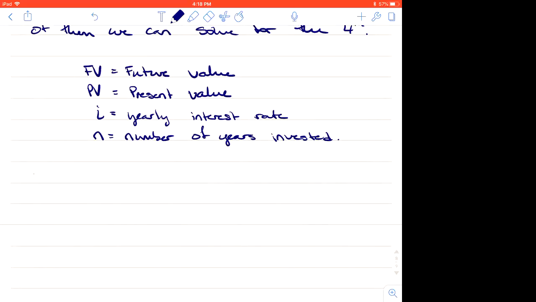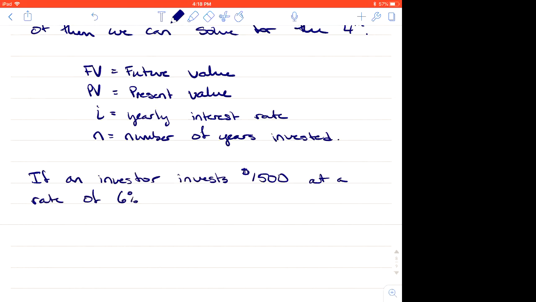So if I say something like, if an investor invests $1,500 at a rate of 6% per year, what is the value of the investment, right? What's the future value? What's the value of the investment after, and I'm going to change the textbook example from 6 years to 7 years.